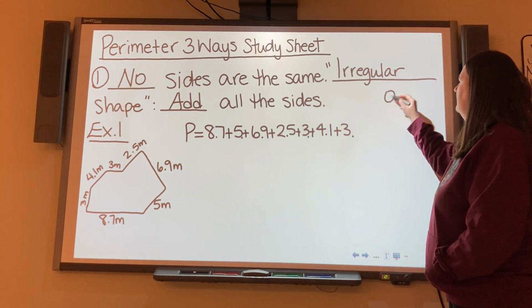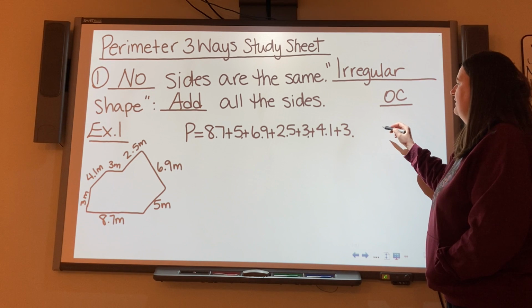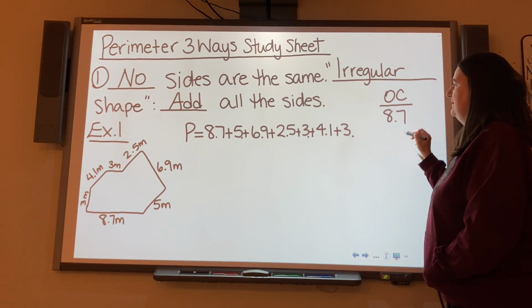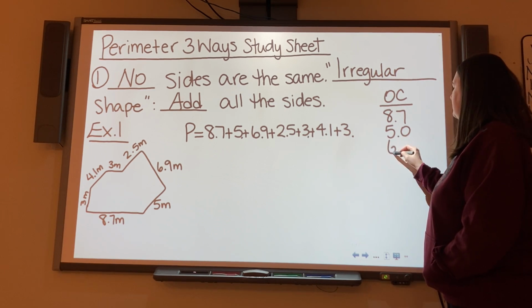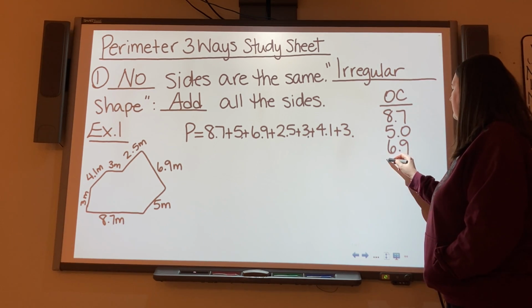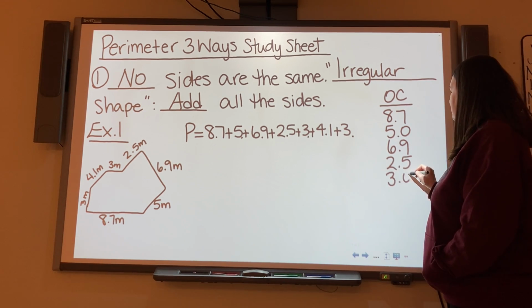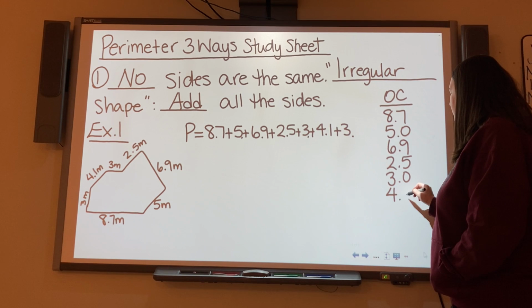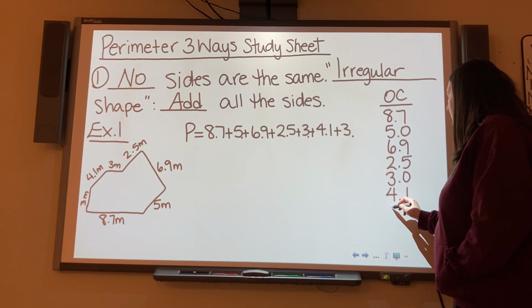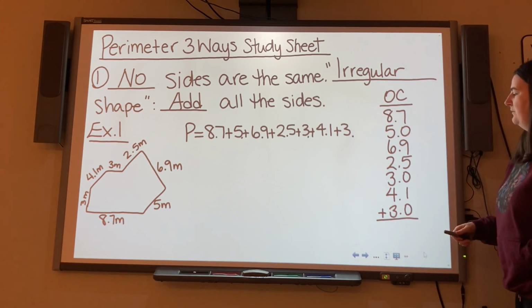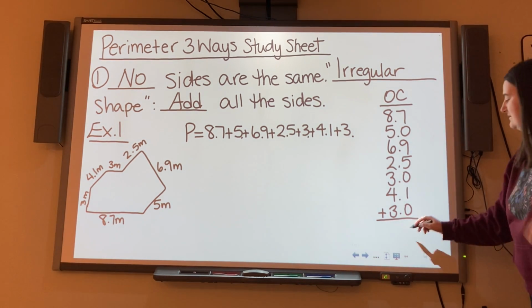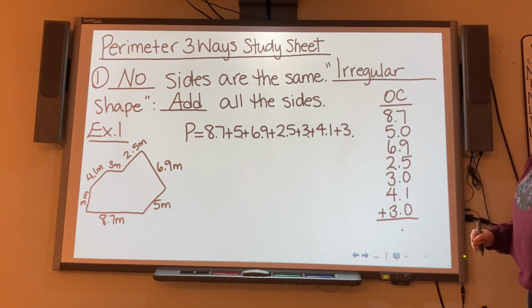So, good old outside calculation, 8.7, 5.0, 6.9, 2.5, 3.0, 4.1, and 3.0. So when you're adding, you've got to line up those decimals so that all the place values are together.